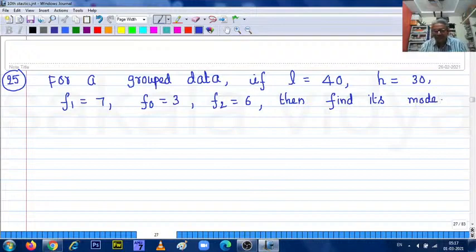Can you find out the mode? How could you find the mode? Anybody answer yourself? So what is given?